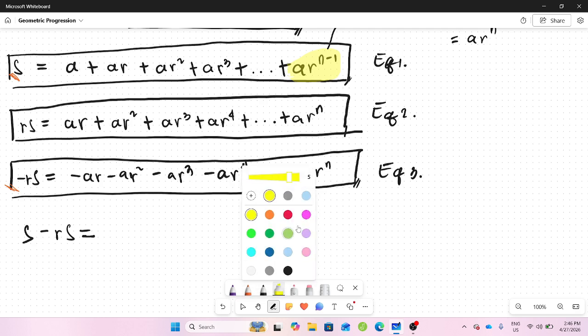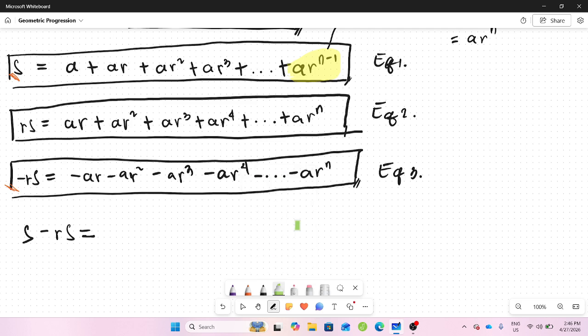These terms, from here up until here, are similar to these, but note that this is positive and that's negative.